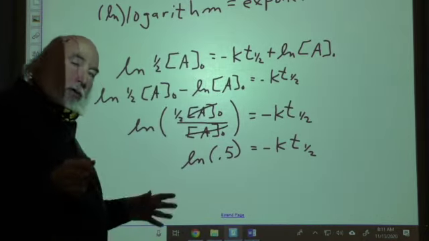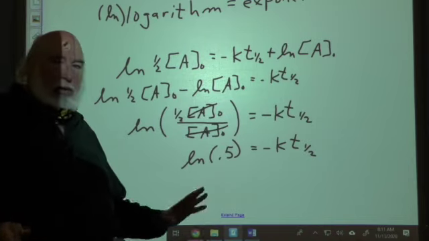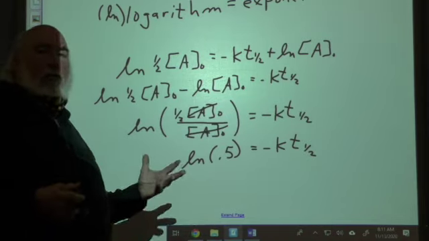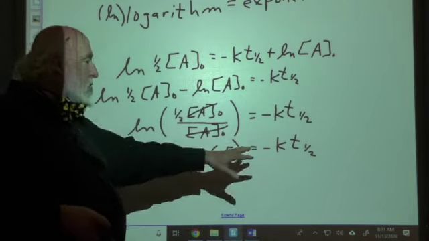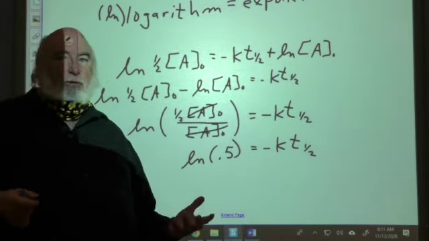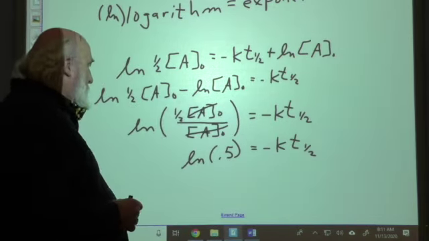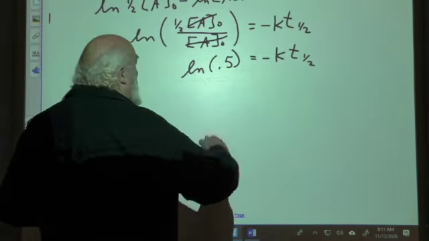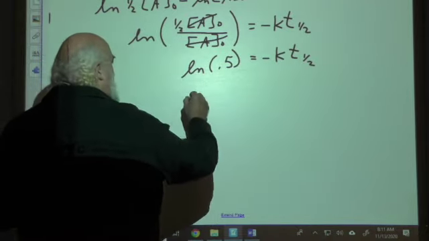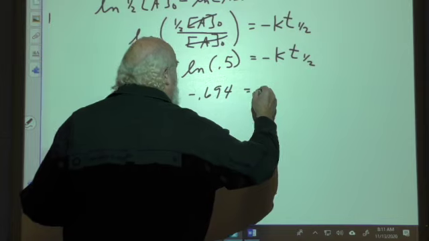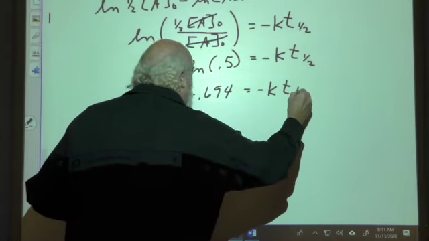Now, what we're trying to do here, the whole point of this, is to come up with an equation in which we can calculate the half-life of a chemical reaction based upon the value k that we figured out from its first order equation. All right? So, if you punch that in your calculator, you get negative 0.694 is equal to negative k T 1/2.